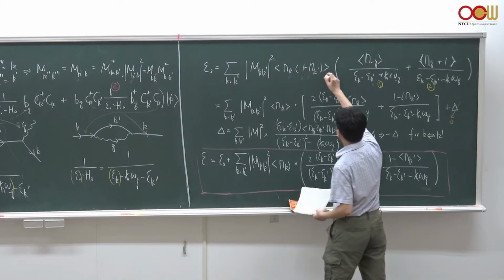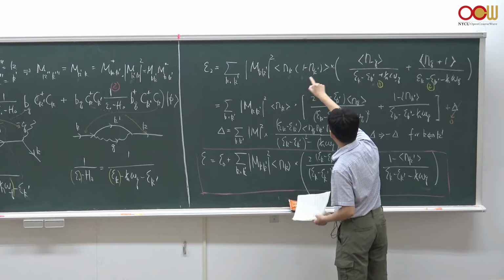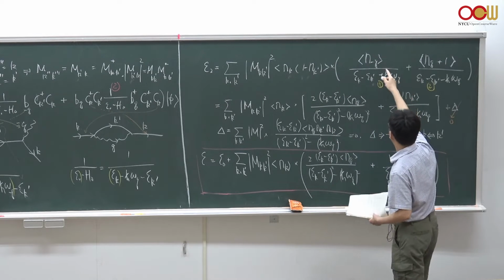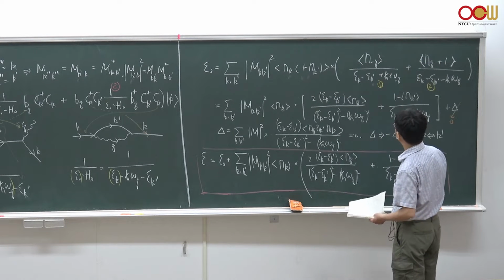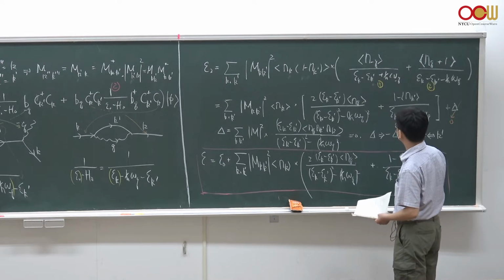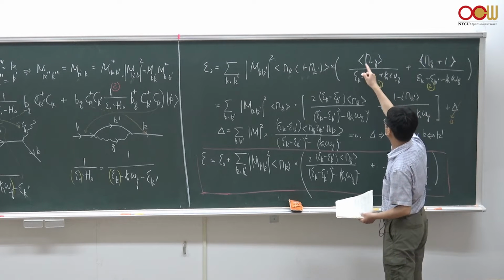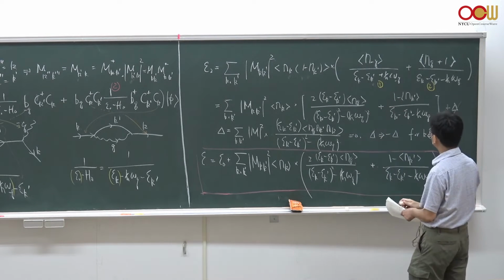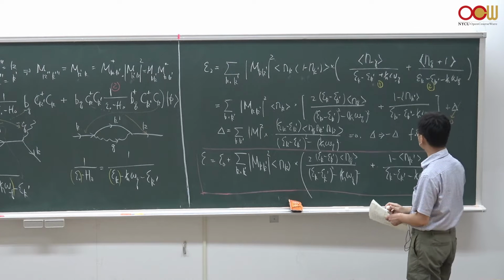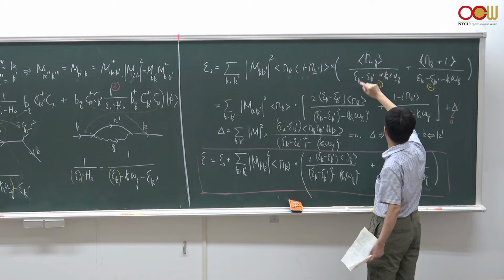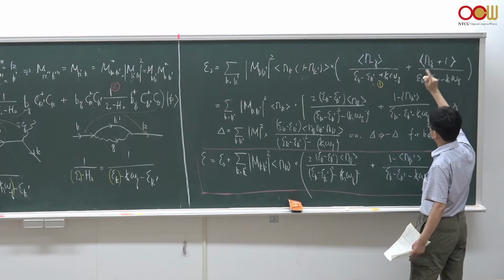And this Fermi function is multiplied by this complicated energy denominator and this numerator containing this boson occupation number n_minus q, and also n_q plus 1.